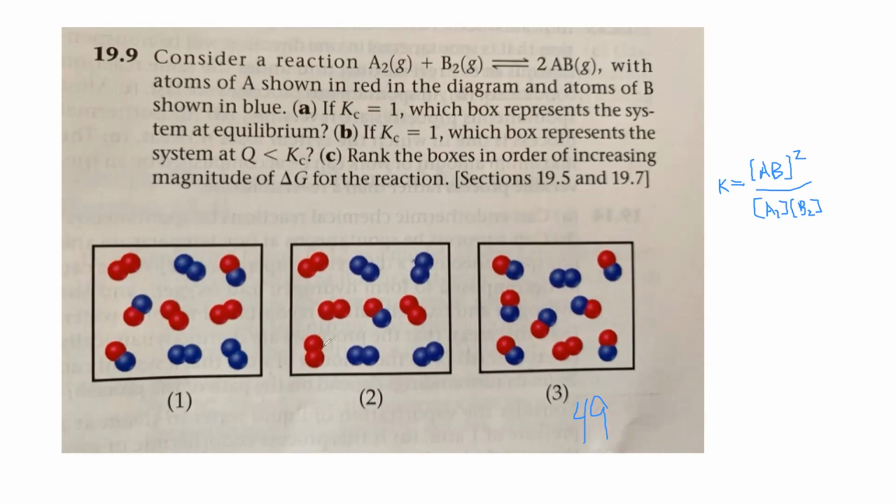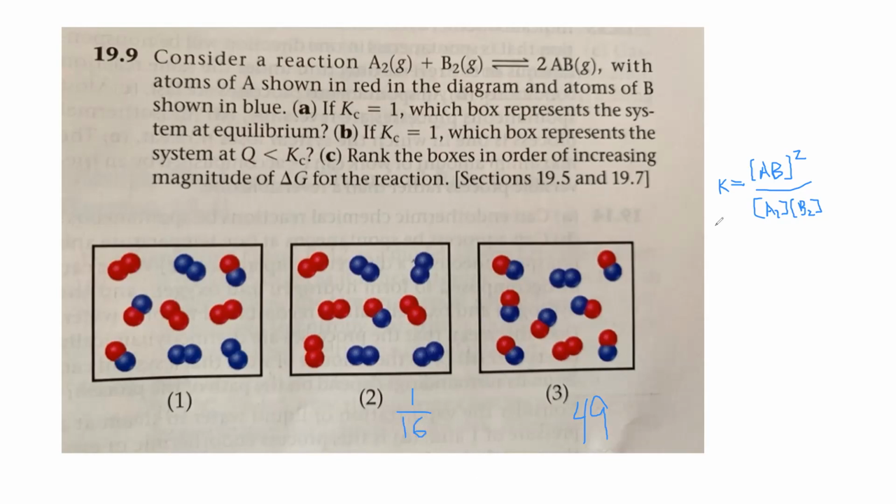With the second one, now we've got just a single one of these molecules there, AB. So we would just have 1 squared on top, and then we're going to have 1, 2, 3, 4 of each of those. So we'll have 1 squared divided by 4 times 4. Really going to be 1 over 16.